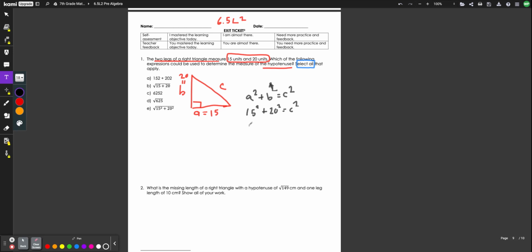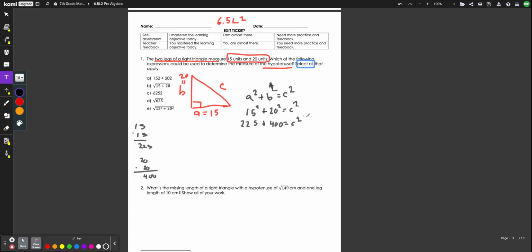I should see your thinking, just like you're going to see my thinking here, that 15 squared is the same as 15 times 15. 15 times 15 is 225. 20 squared is 20 times 20. 20 times 20 is equal to 400. So this expression here would be 225 plus 400 is equal to c squared.